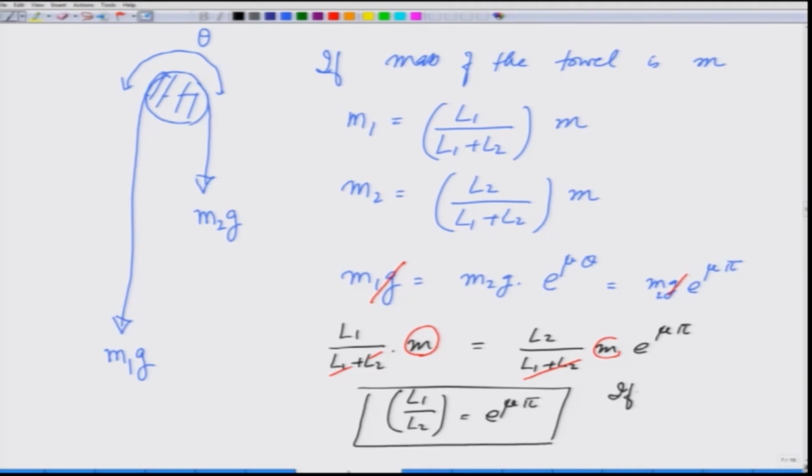If we take mu equals roughly 0.5, then L1 over L2 comes out to be about 4.8, and that is the answer.